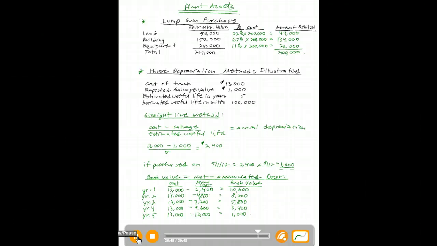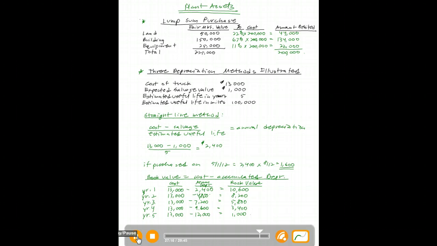And this assumes that all of the coal that was mined was sold. Because remember, when you mine coal, it's like inventory. If you don't sell it all, then the portion that you don't sell is going to go into inventory. And then when you do sell it, you'll take it out of inventory and debit depletion expense. You won't debit cost of goods sold. You'll debit depletion expense.